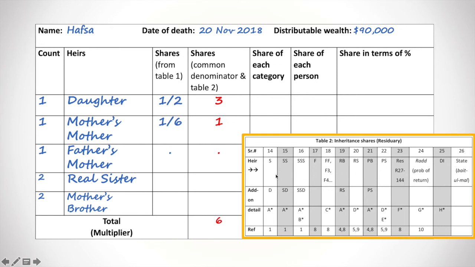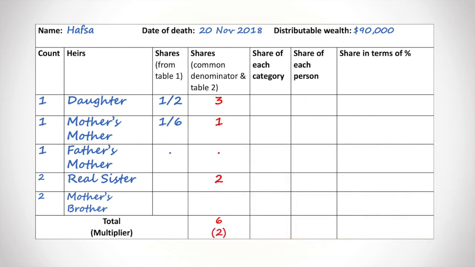Of course, there is an add-on for female relatives in some cases, in 5 of the cases, but all of them are males except for real sister and paternal sister, because they also classify as Asba as per Rasulullah and how he has distributed shares in these scenarios. So the remaining 2 shares will go to the real sister, which is 2 in number, and then we move on to our next calculations.